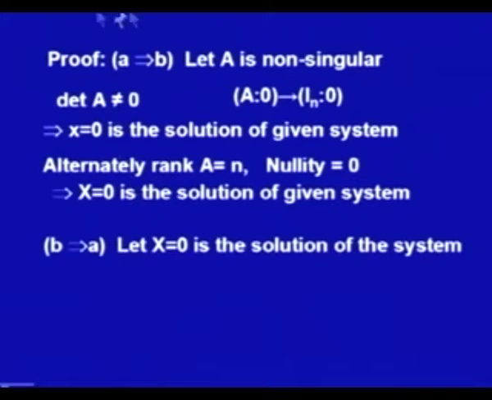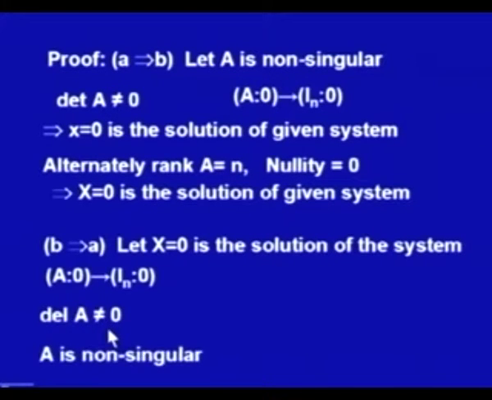According to the second part, B implies A, that is if x = 0 is the solution of the system, then we will prove that the matrix A is non-singular. To prove this, we say that the augmented matrix [A : 0] can be transformed to [In : 0] because x = 0 is the only solution of the system, and this means determinant A is not 0 and this by definition A is non-singular.